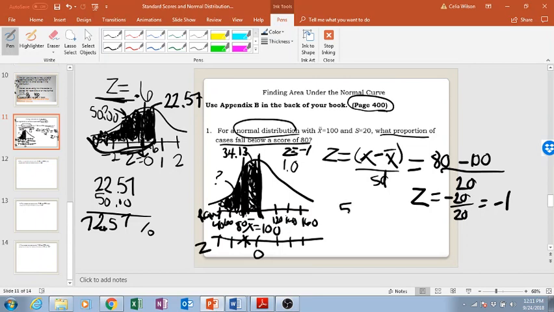So half of my distribution is 50. And then I'm going to take away what they give us, 34.13. That's really the wrong part of that 50, isn't it? We want this other part over here. So if I take that away, I can pop it in my calculator really quickly. So 50.00 minus 34.13 is 15.87.